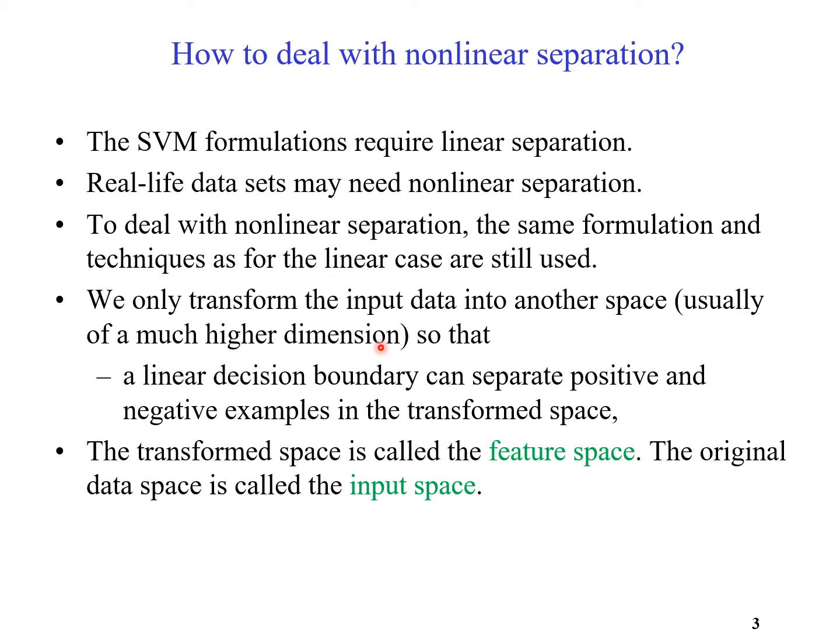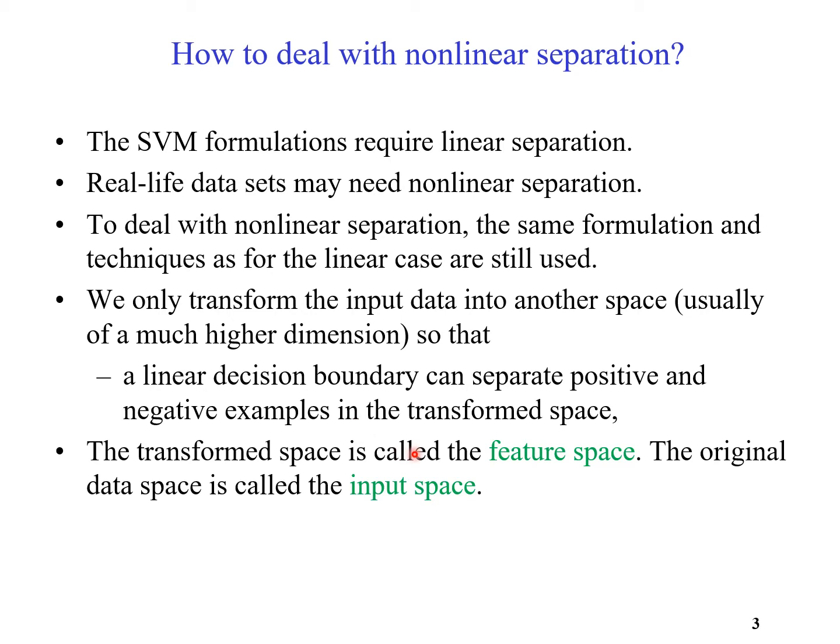So the dimension of input data is expanded into a very high dimension. That's the basic idea. And then in higher dimension, we find a linear decision boundary, a linear line. So we find the linear line in a high dimension, and that is mapped back to the original dimension. That's the basic idea.